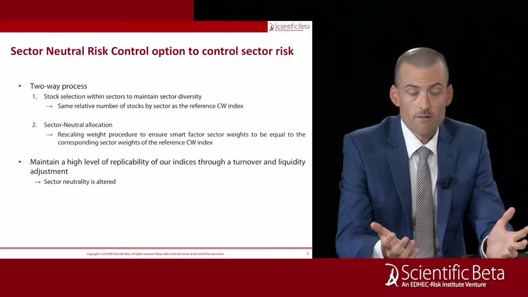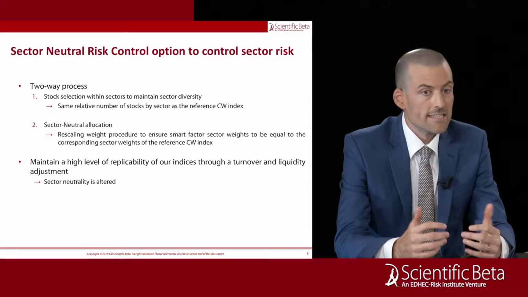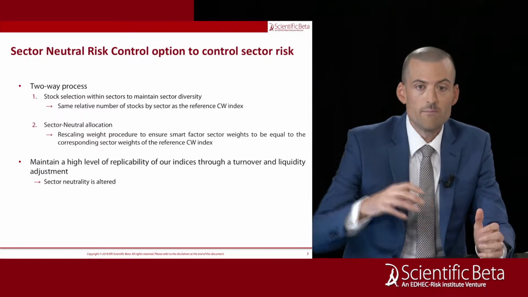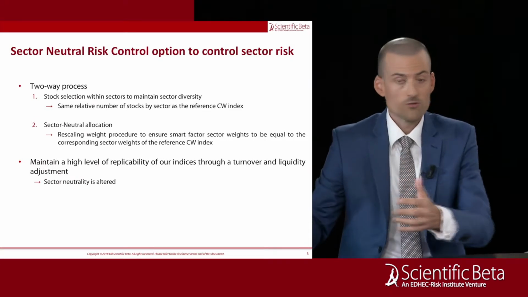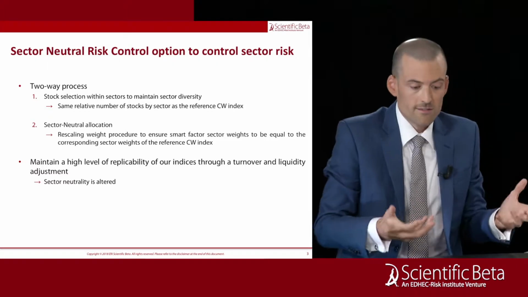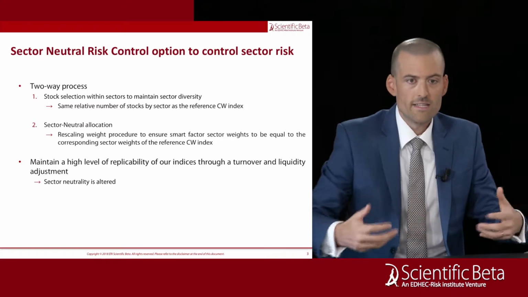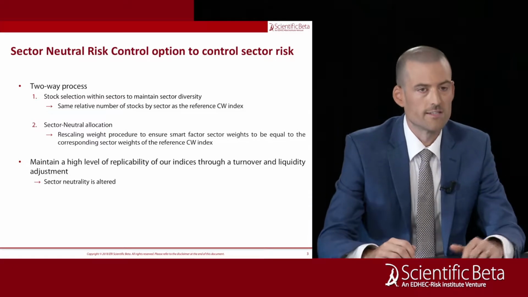If you take the example of the low volatility factor, at some extreme points, we might be invested in only a few sectors and have no exposure to some sectors. If we have no stocks in a specific sector, we cannot be sector neutral. So we need sector diversity to achieve sector neutrality.